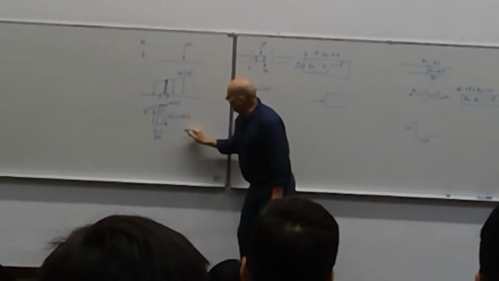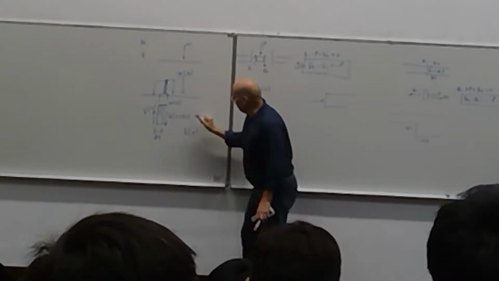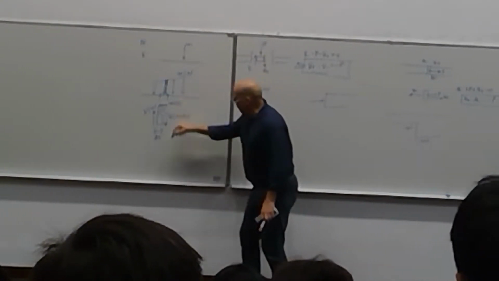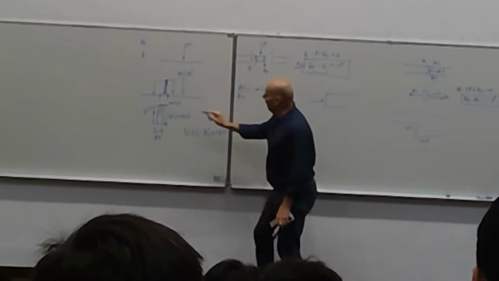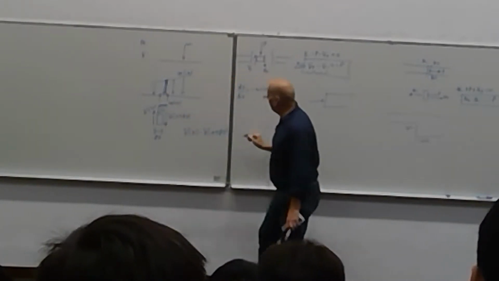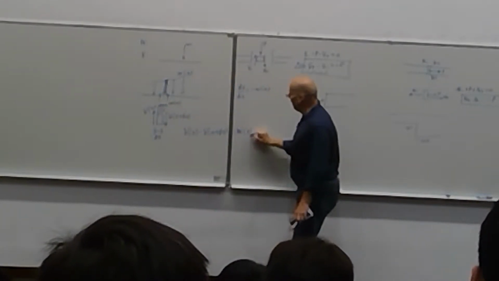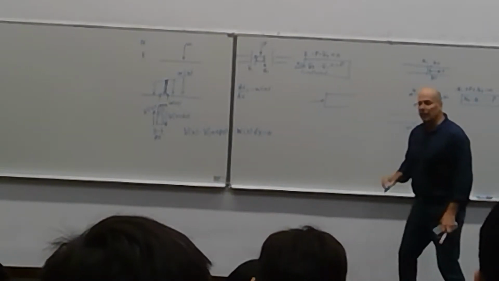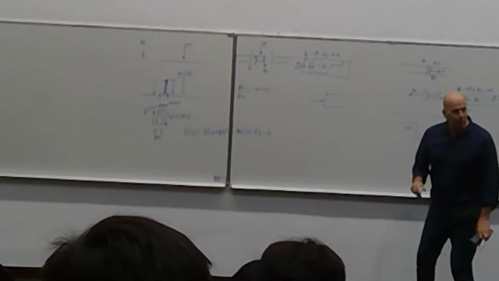So what we have is V of X going upward, minus V of X plus dx going downward, minus this total load, which is W of X times dx. All this must be 0. Equilibrium of the vertical forces.